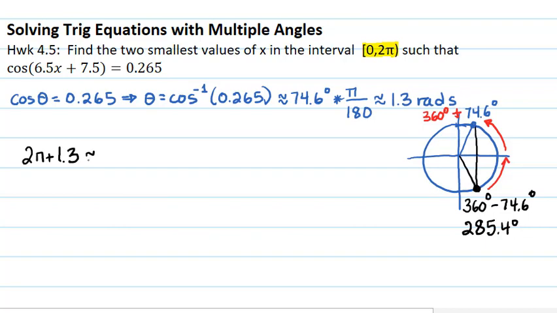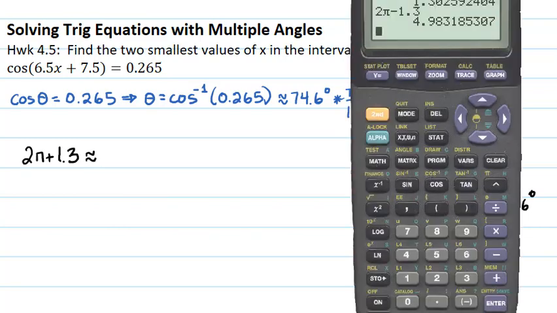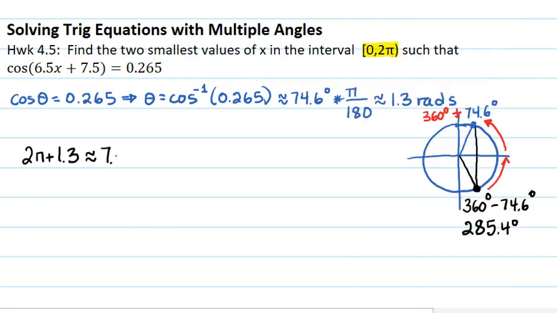And 2 pi plus 1.3 is approximately 7.6 approximately. So when I want to solve this equation, 6.5x plus 7.5 equals approximately 7.6.